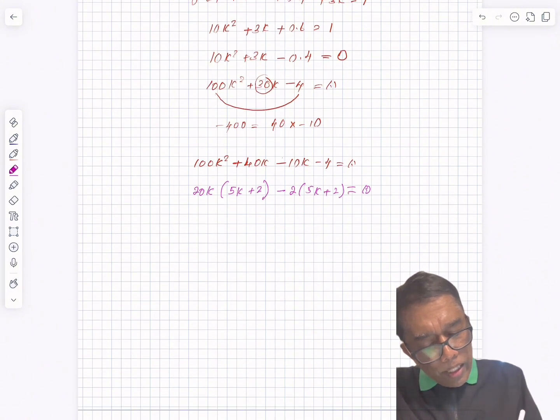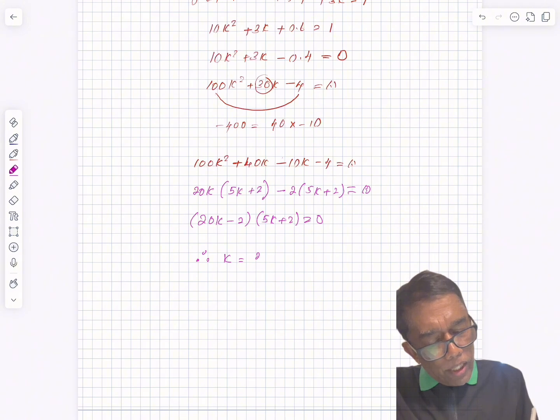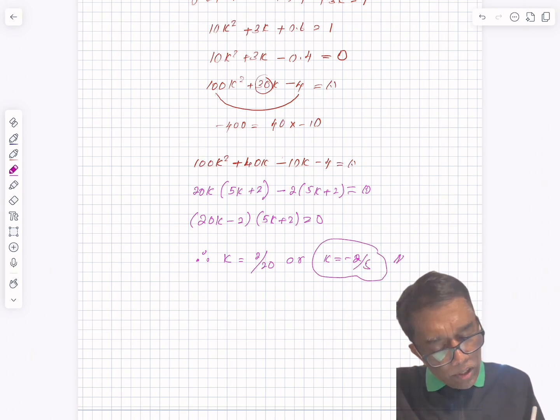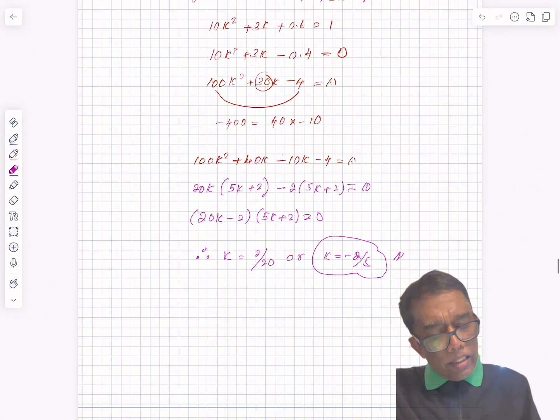Now 20k minus 2 times 5k plus 2 is equal to 0. Therefore, k is equal to 2 over 20 or k is equal to negative 2 over 5. We can't accept the negative value. K is equal to 1 over 10.